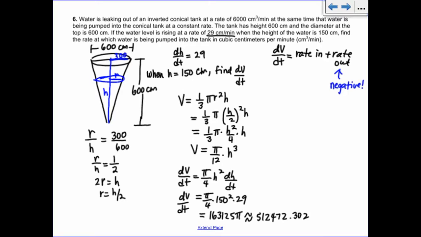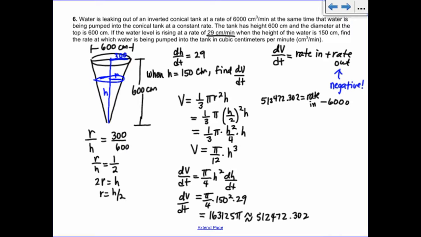All right, so the last thing that we have to do is we have to say, oh, but this was the total rate of change of the volume. And we have water coming in and water coming out, right? So water is leaking out at a rate of -6,000. So that means that water has to be coming in even faster than this number that we have. Do you guys understand what I'm saying? To kind of offset that rate out.